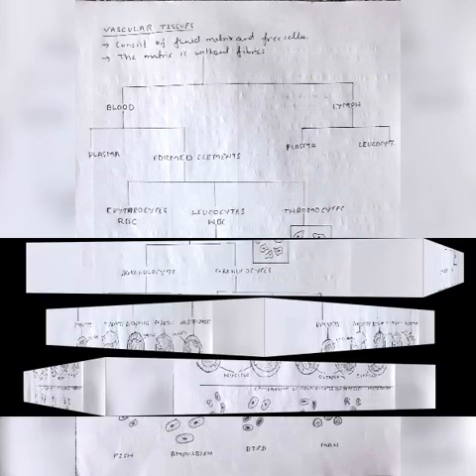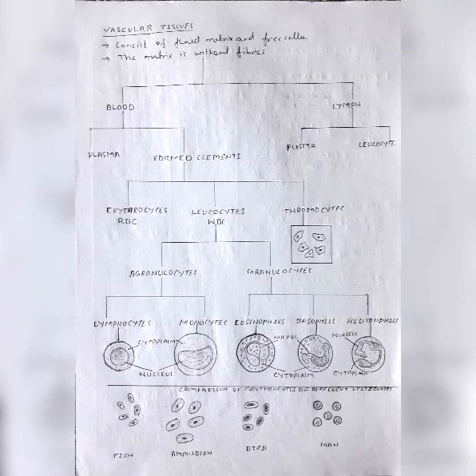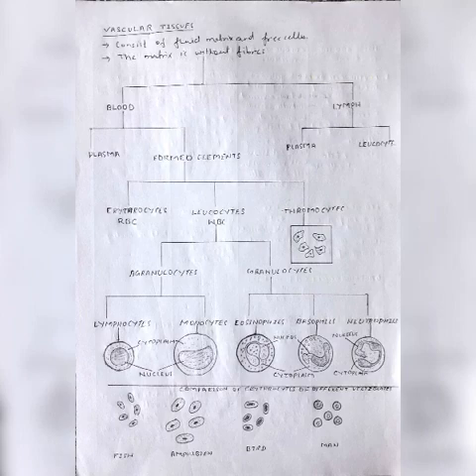The formed elements are further divided into three kinds. Erythrocytes, the well-known short form is RBC, which stands for red blood cells. Leukocytes, the well-known short form is WBC, white blood cells.